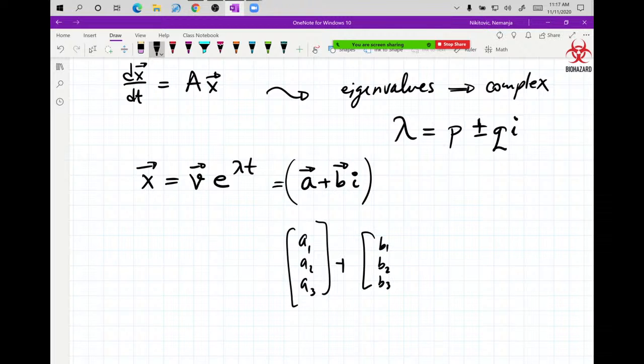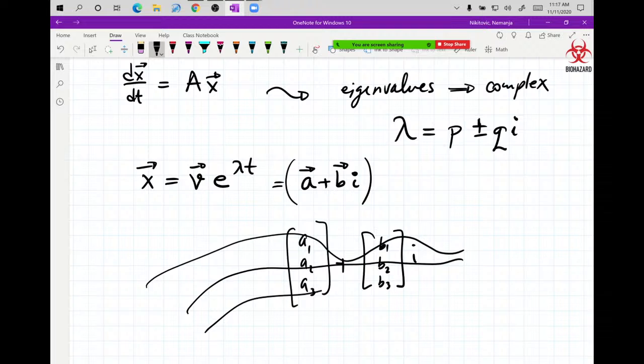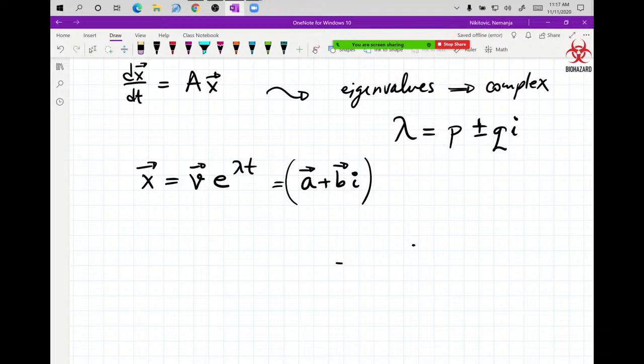You have to have the same number. Then you go through the first one, the second one, the third one, to come up with those three separate solutions at the end. We'll get there. I just wanted to make sure you understand the notation. That's multiplied by e to the (p plus qi) times t.